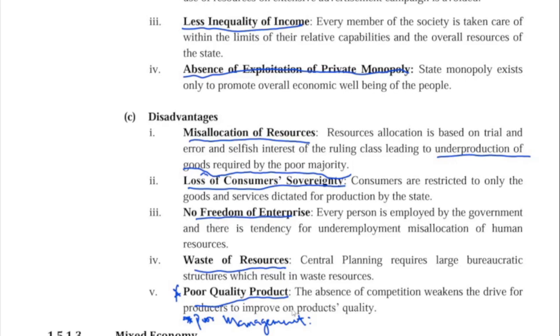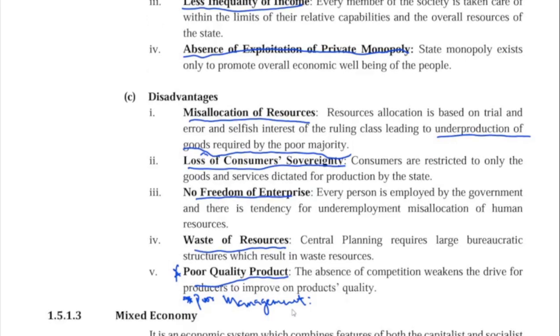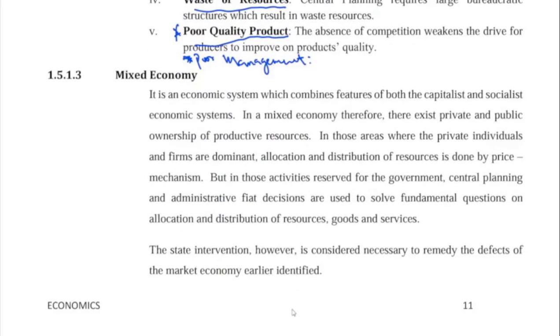in the socialist economic system. Now we have the last one, which is the mixed economy system. Mixed economy means both capitalists and socialists control the resources, the production, the distribution, and the consumption.